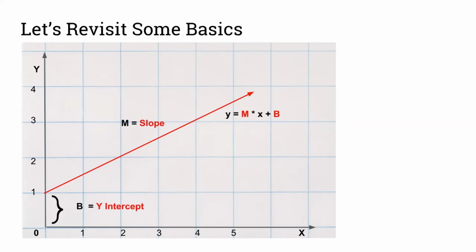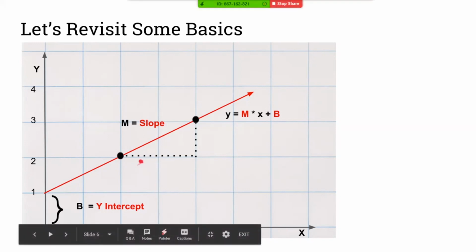So can someone, just by looking at this line, tell me what the equation of this line is? Let me give you a hint. The slope is the amount by which the line is rising on the y-axis for every step that you go towards the right. Let me get my pointer.